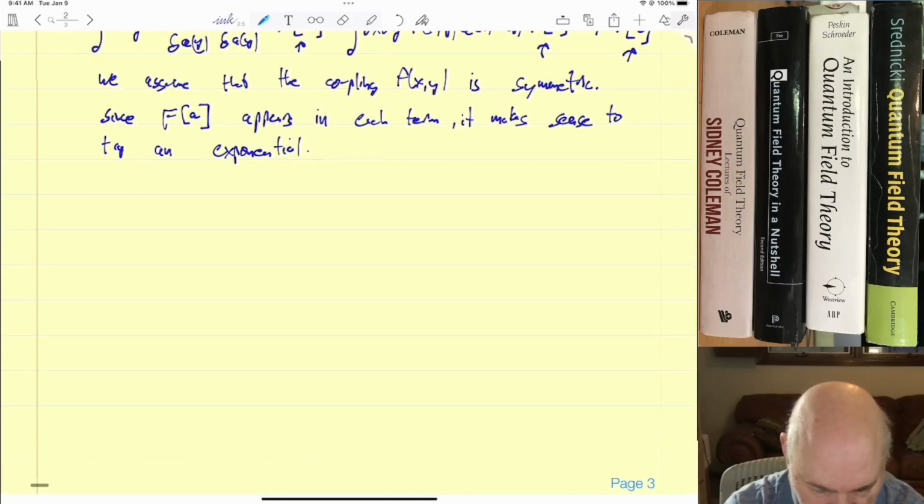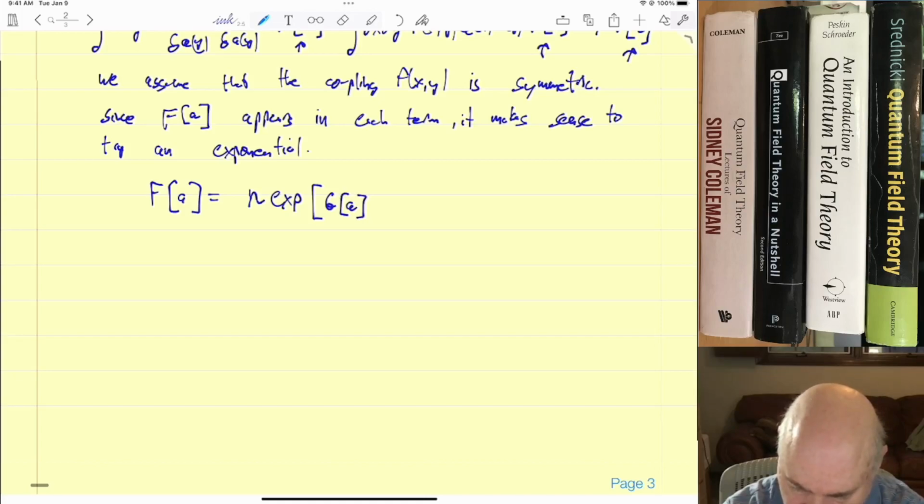So we try something like the functional F[a] is equal to some normalization constant times exponential g(a). I always do that, but since we're using functionals, it's best to only use square brackets for the actual functionals.